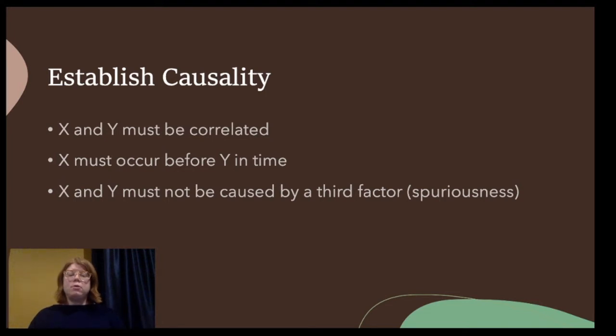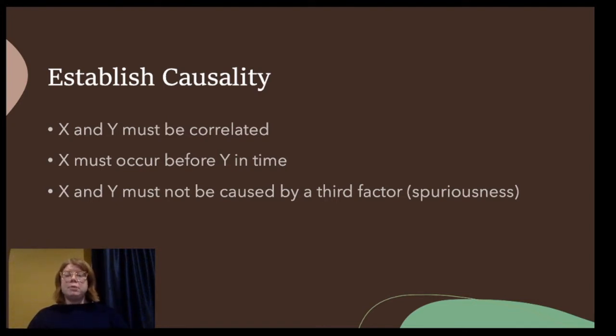That's because we can hold third factors or other factors constant, meaning we can make sure they're the same for all participants. We can do this either by selecting participants that are similar in important ways, ways relevant to the study, or by manipulating other variables such that they're the same for everybody.